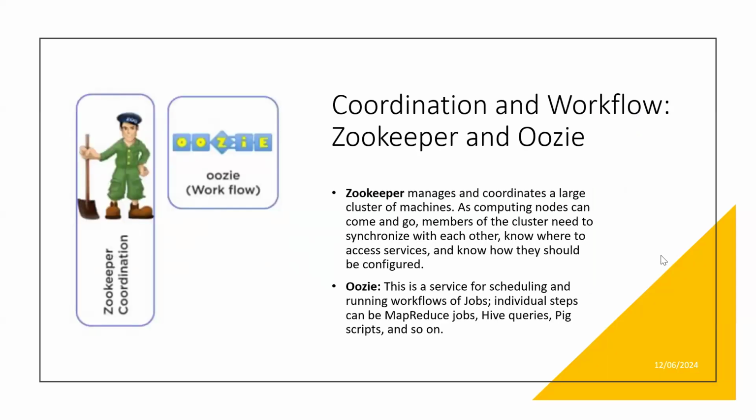Right. Then for coordination and workflows, we have Zookeeper and Oozie. Zookeeper is usually described as a centralized service for maintaining configuration, which is used to coordinate large clusters of machines. Since a node can fail at any time in the cluster, you need to synchronize the data, right?